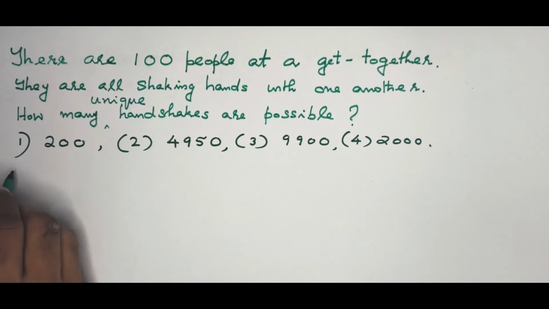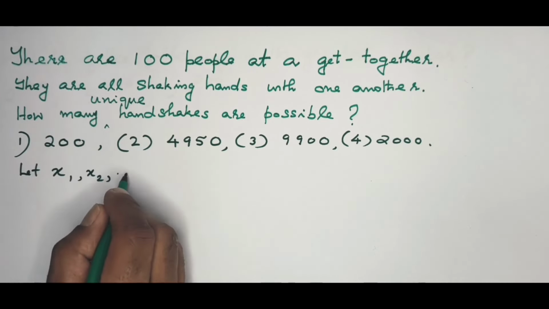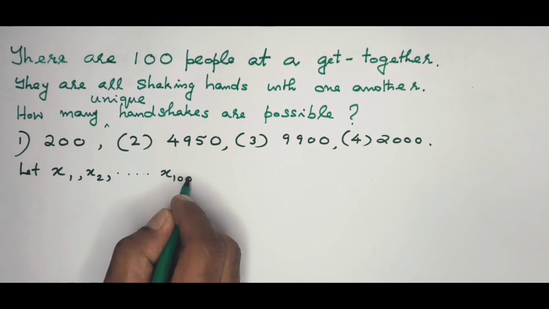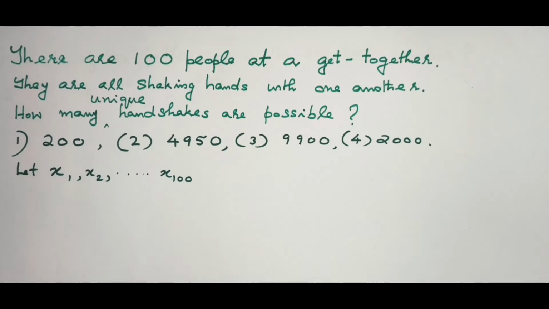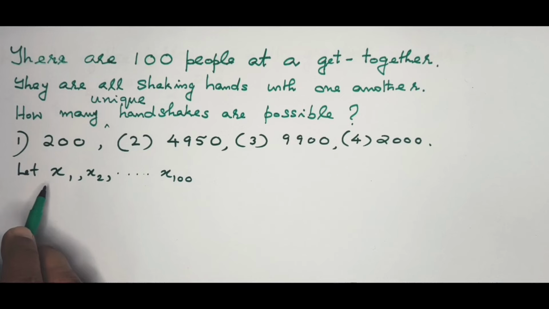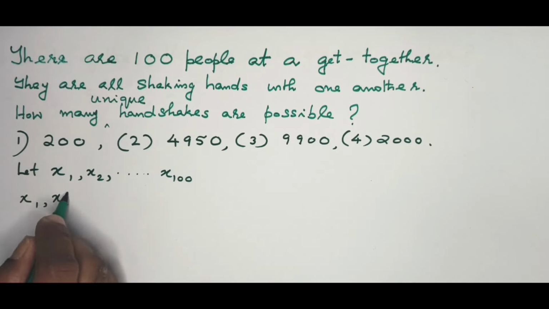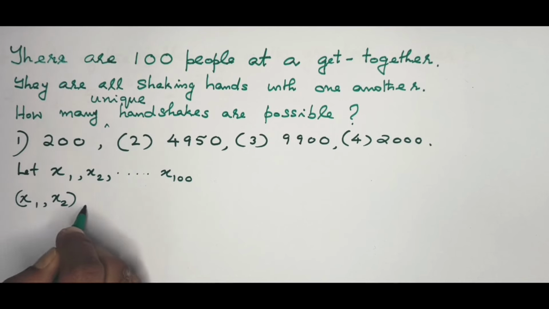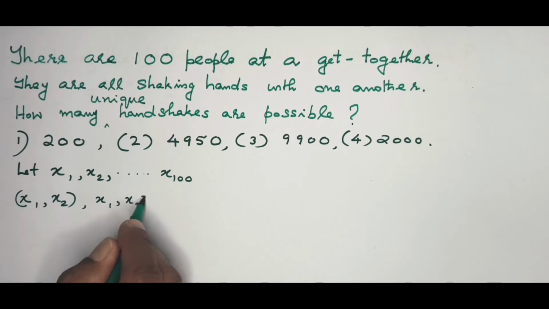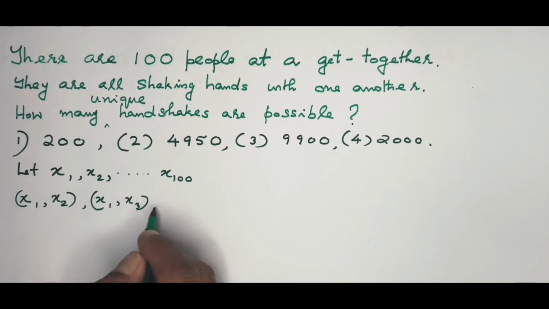To begin with, let x1, x2, x3, up to x100 be the 100 people. As you know, for a unique handshake, we need two people. Let's look at the number of handshakes made by the first person, x1, which will be as follows: x1, x2, this is one handshake. Then x1 with x3, this is the second handshake.